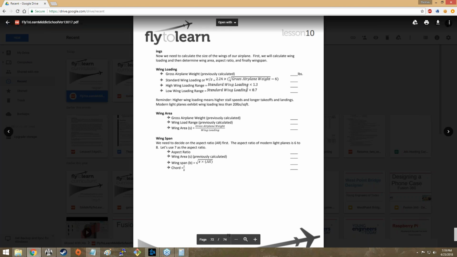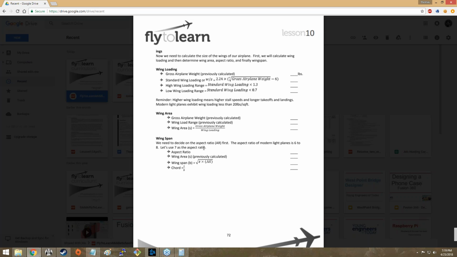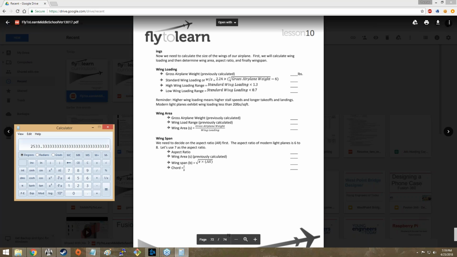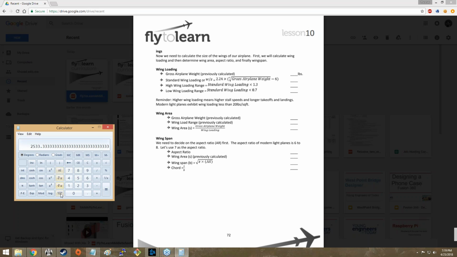So 2.24 times the cube root of the gross airplane weight minus 6. So if we take the gross airplane weight and we take the cube root of it, we get 13.63214253, and so on. Subtract 6 from it, and we get 7.63214, and so on.